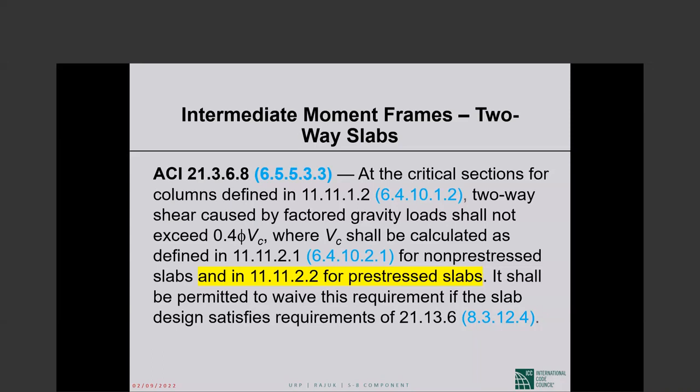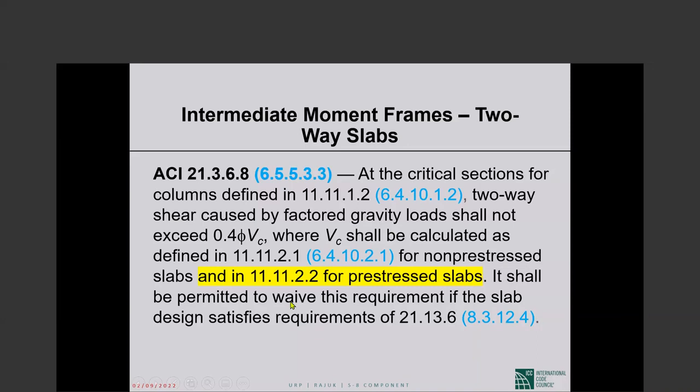Okay, now this is a very, very severe requirement. If we had to live by this, most people wouldn't build flat plates in design category C. It would be economically infeasible. So there is a waiver. It shall be permitted to waive this requirement.